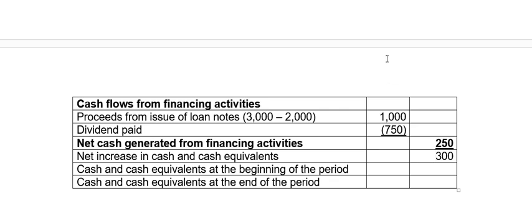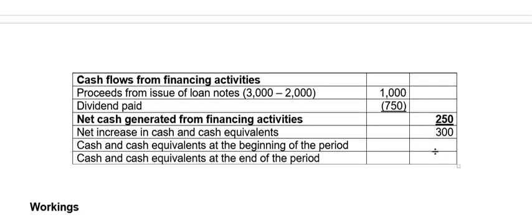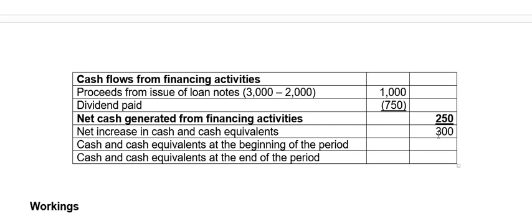In fact, it's an increase of 300,000, because when we look at how they have performed in the operating activities, the investing activities, and then financing activities, this is what they have generated. Their cash position has increased by 300,000 throughout a period of 1 year.